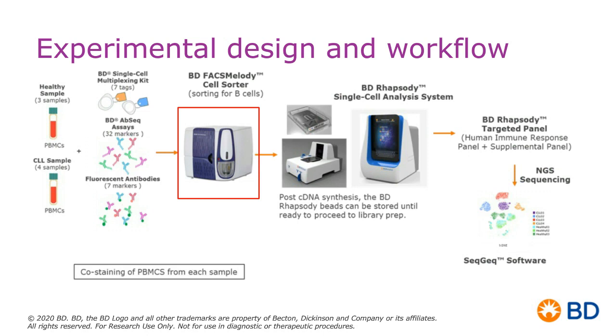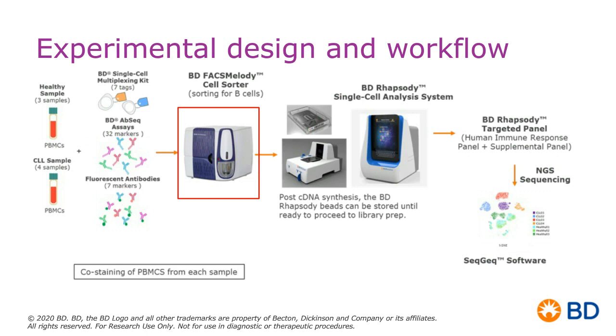Now, how do you stain these antibodies for AbSeq? Well, you basically stain them as you stain any other fluorochrome conjugated antibody. In this specific experiment, we've put unique sample tags, which define each of these individual donors, so a total of 7 sample tags.